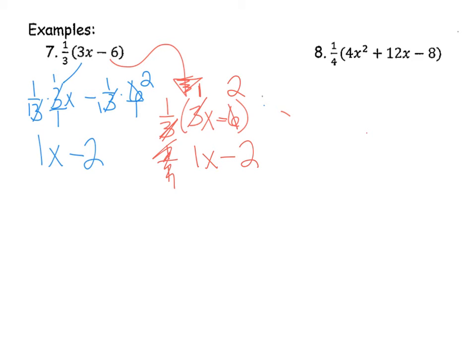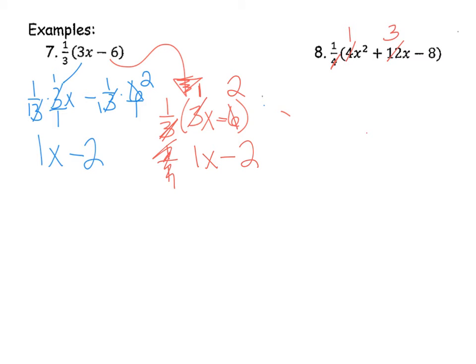There's a 4 on the denominator outside. I'm going to divide that 4 into every number inside. 4 goes into this 4 one time. So cross out the 4 on the inside and put a 1. The 4 also goes into 12 3 times.